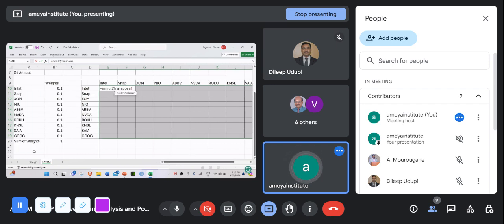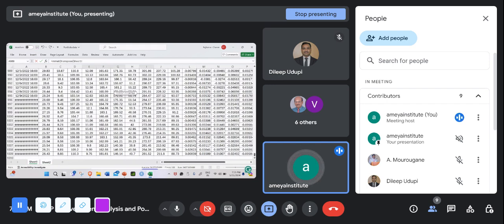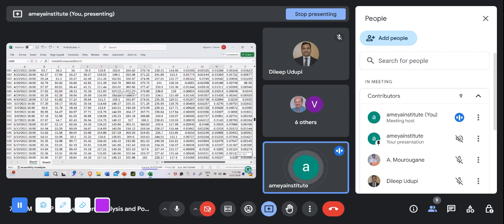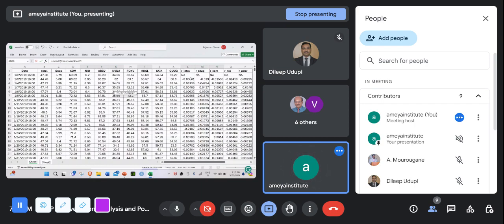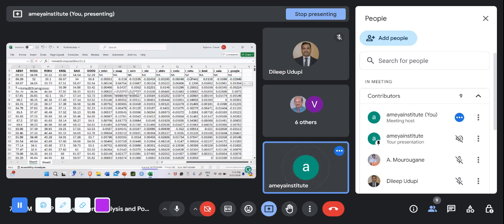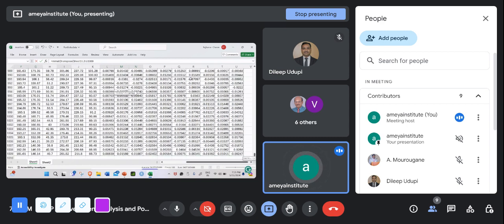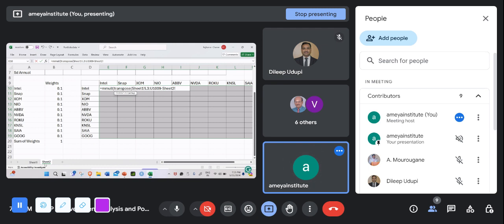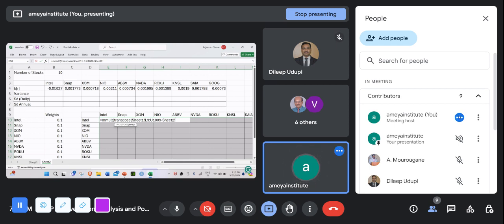Now in sheet 1 we will select all the returns of the 10 stocks. Select here on the right side, Control Shift Down. Then minus, sheet 2, all the weights assigned, that is nothing but your expected returns.